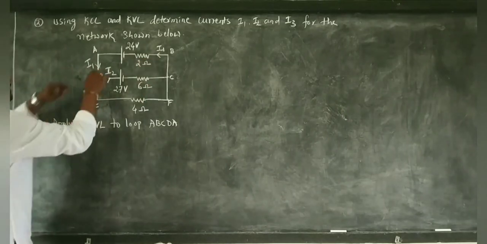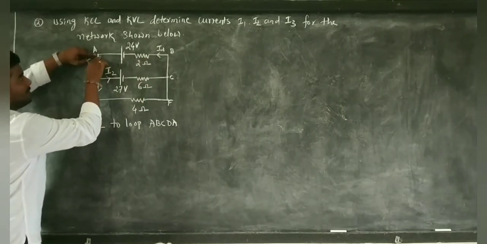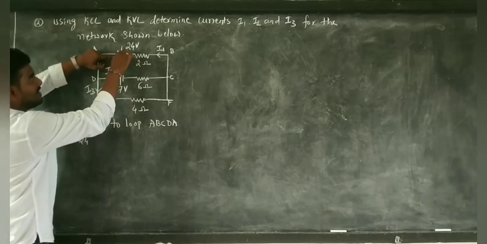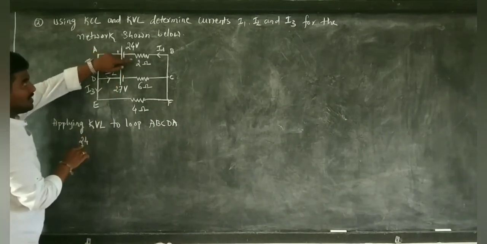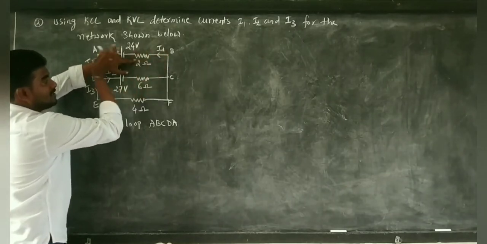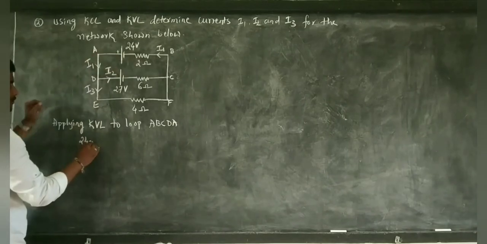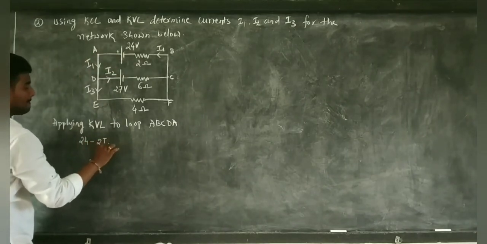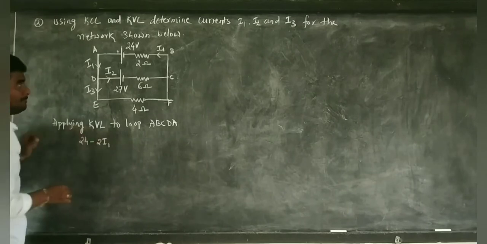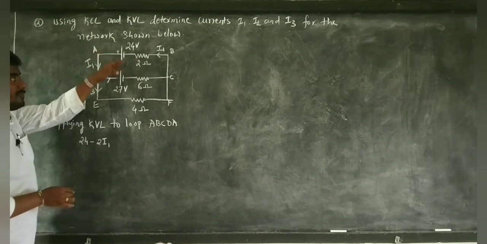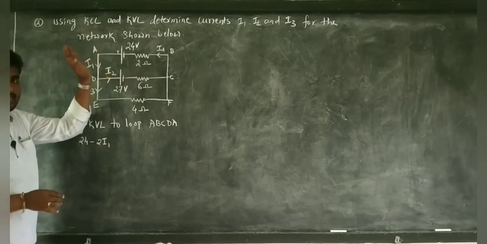So you are walking from point A, you observed plus here, therefore I have written 24 volt, and after that 2 ohm is there and I1 current is against you, therefore you write it as minus 2I1. Reason is very simple. If you start from a point, while traveling, if the current is against you, you take it as negative.